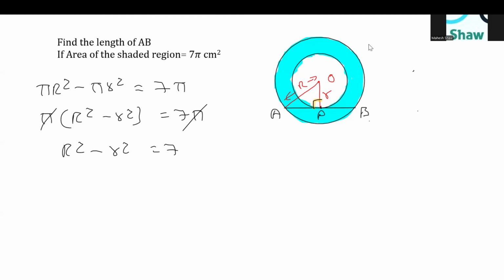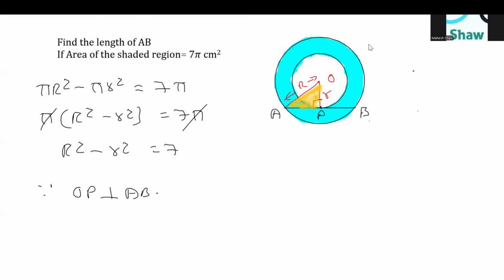Since OP is perpendicular to AB, we can apply Pythagoras theorem in this triangle.